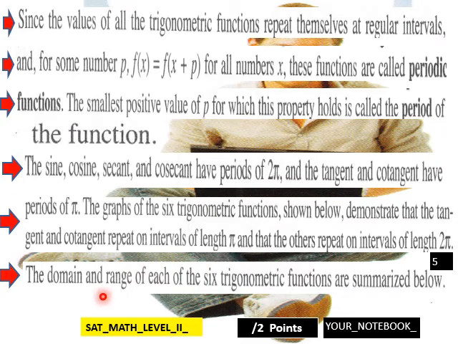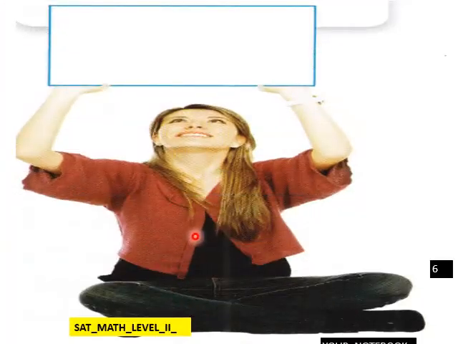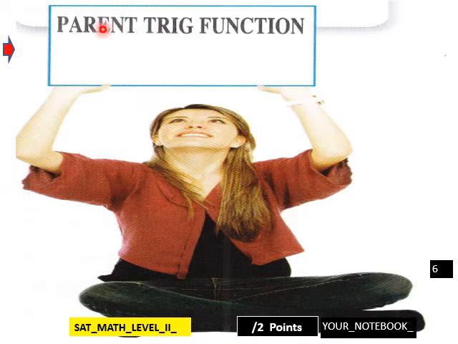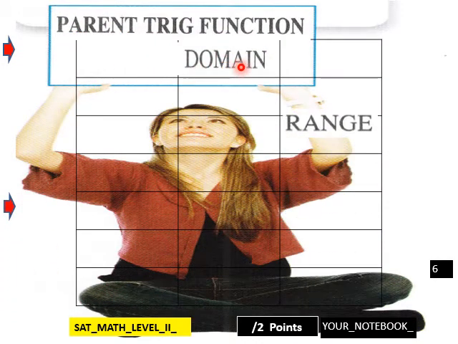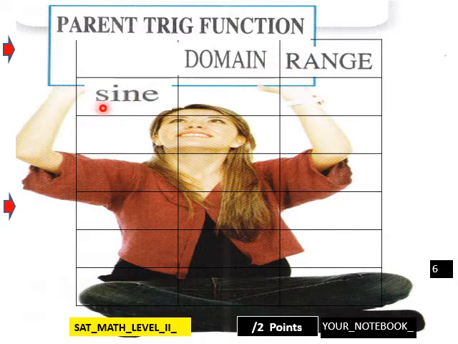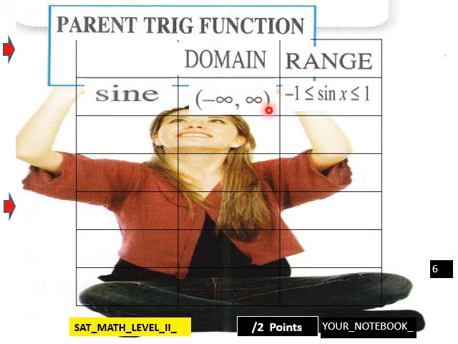The domain and range of each of the 6 trigonometric functions is below. Here's our summarization of parent trig functions. For sine, the domain is negative infinity to infinity, and the range is negative 1 less than or equal to sine x less than or equal to 1.